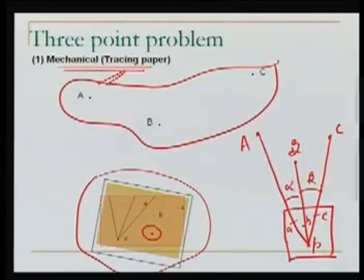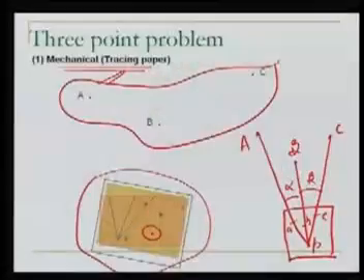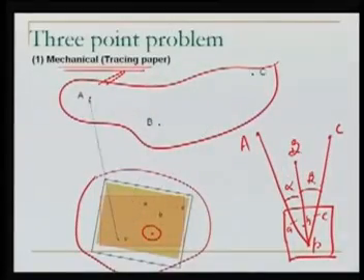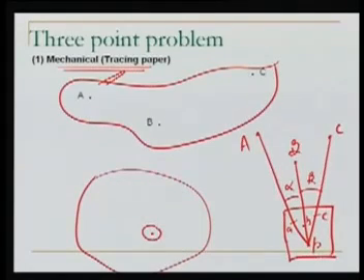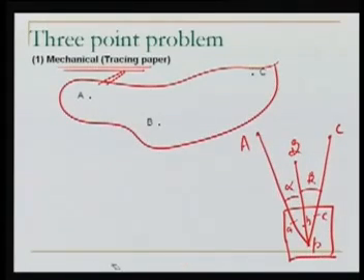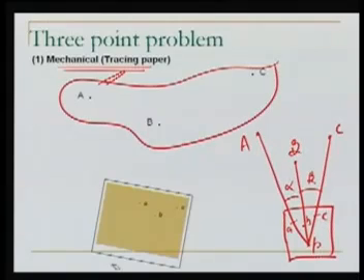Now one thing which is very important here in the tracing paper method, what we did in the tracing paper method, as you can see, we put a tracing paper here. That was our sheet which is not oriented, or the plane table. We put the tracing paper here and on tracing paper, we started drawing those resectors. And what we are getting here, we are getting these three lines, and the angle between these three is alpha and beta.